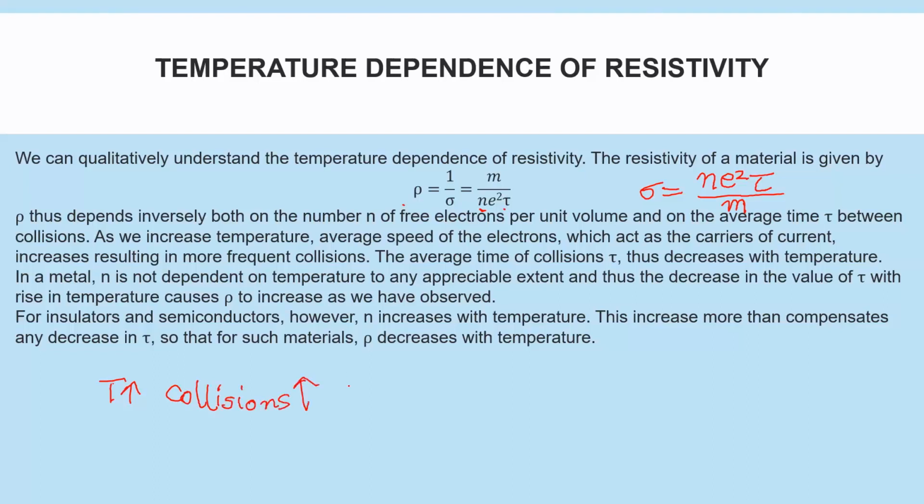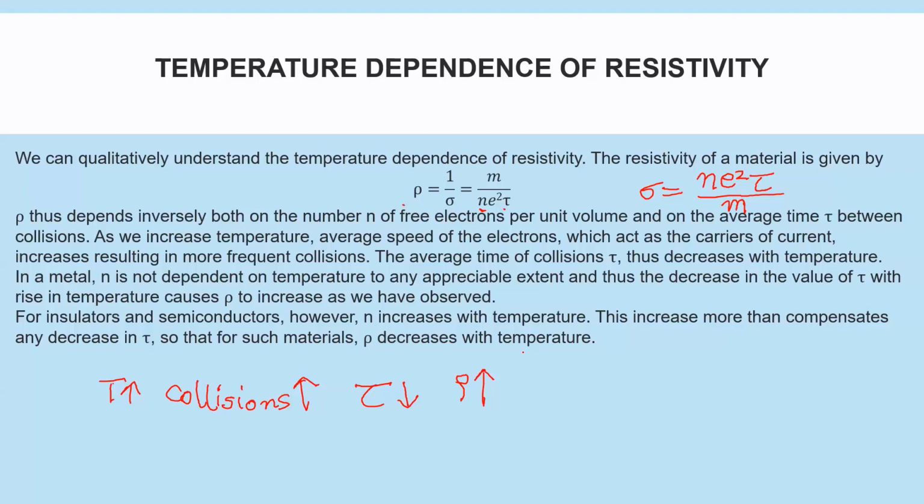So if the collisions increase, then your tau, that is the time between the collisions, is going to decrease. And if your tau is decreasing, that means your resistivity will increase, because it has an inverse relationship with the resistivity.